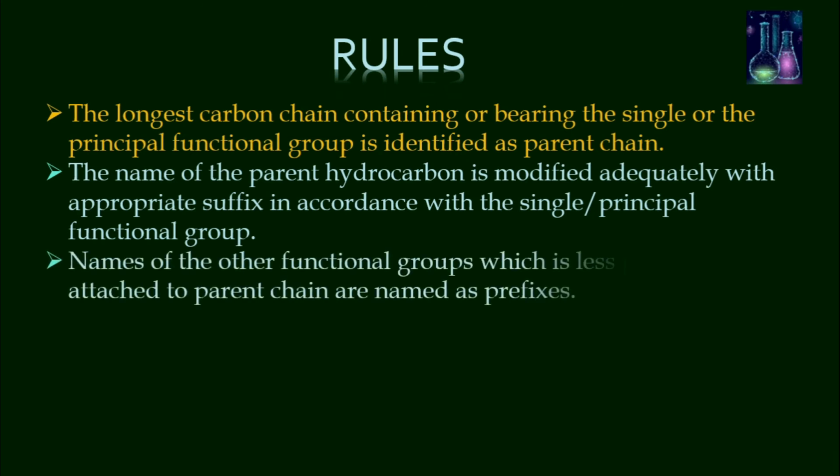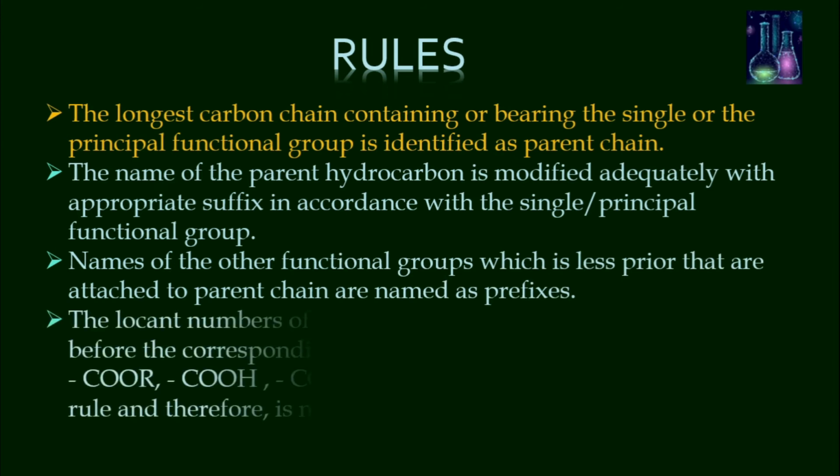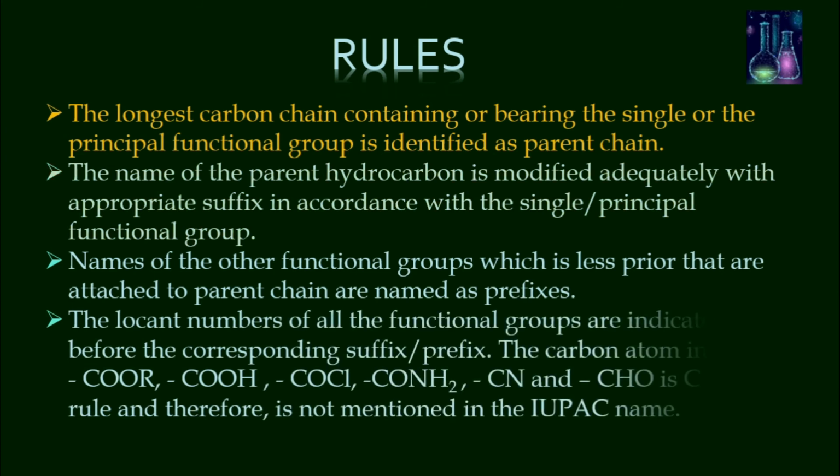Names of the other functional groups which are less prior, attached to the parent chain, are named as prefixes. The locant numbers of all the functional groups are indicated before the corresponding suffix or prefix. The carbon atom in COOR, COOH, COCl, CONH2, CN and CHO is C1 by rule, and therefore it is not mentioned in the IUPAC names.